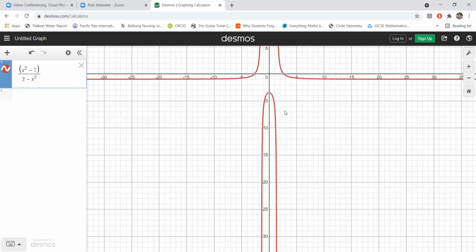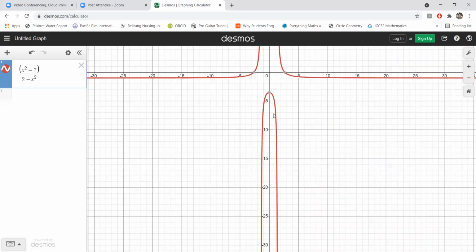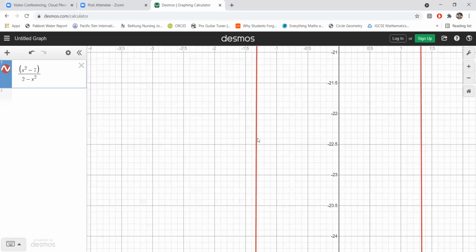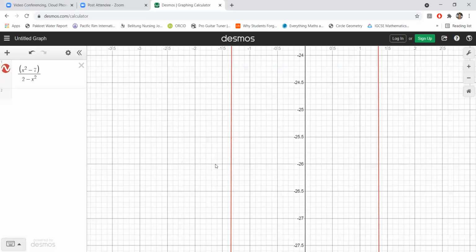So you see this here. This is between your minus root 2 and root 2. So if we zoom, you can't actually tell. So minus root 2 is going to be near this x value here. See that minus 1.327? That will actually be close to minus root 2 if you check. So those are asymptotes.